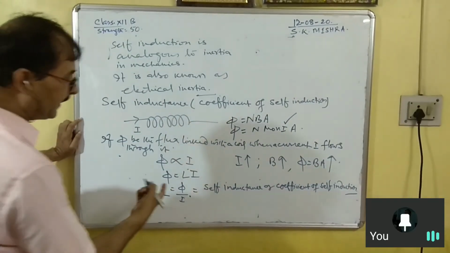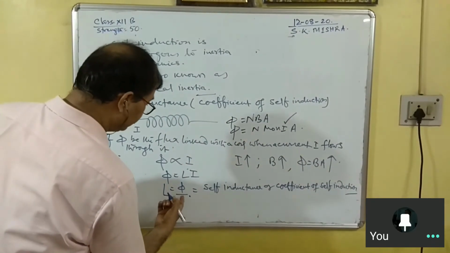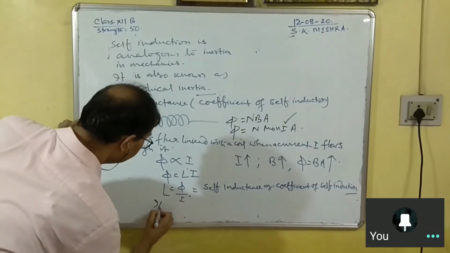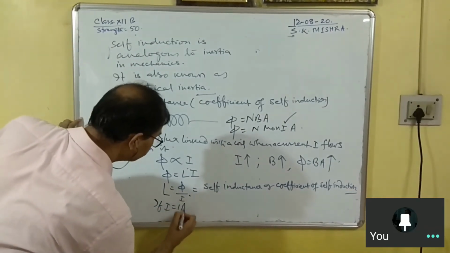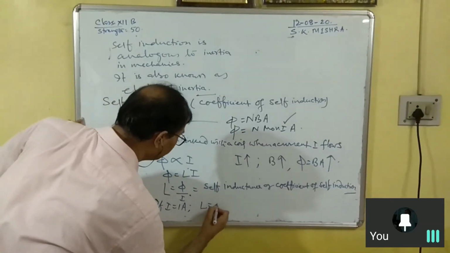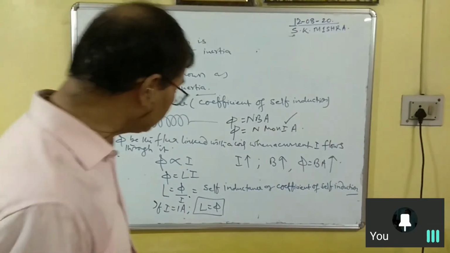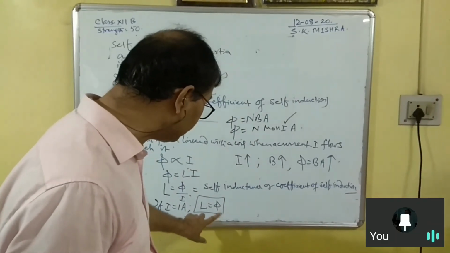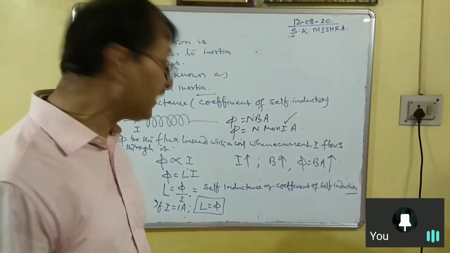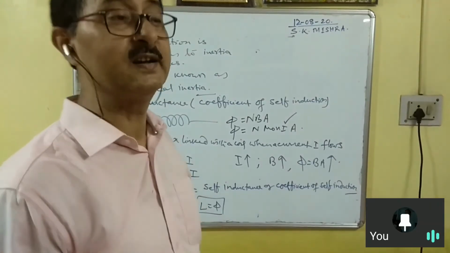Now you can define it: if you consider I equal to 1 ampere, then L is equal to phi, meaning self inductance is numerically equal to the flux, because the unit of flux phi is Weber and the unit of self inductance is Henry.